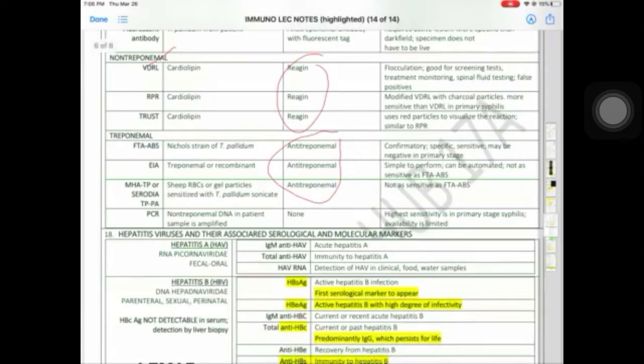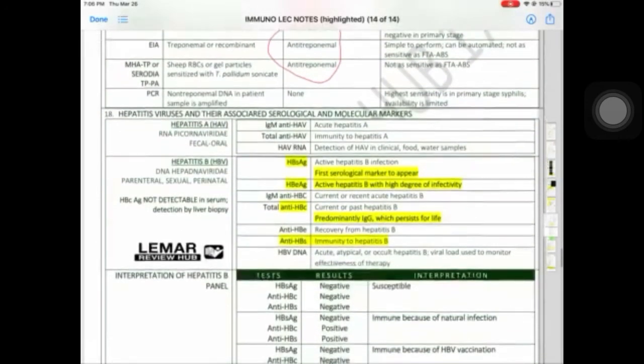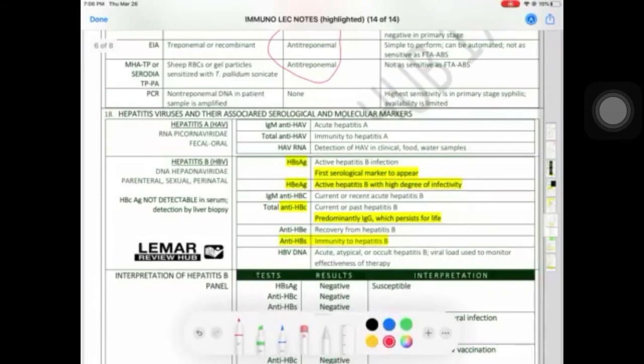Same page pa rin po, number 18, na-mention din po yung mga different markers for hepatitis. Unang-una po, huwag kakalimutan yung acute or active Hep A, IgM anti-Hep A antibody. Previous or past Hep A infection, IgG antibodies. Yung mga different markers for Hep B, katulad ng HBs antigen, first marker of Hep B. Marker of high infectivity, high vertical transmission risk, HBe antigen.